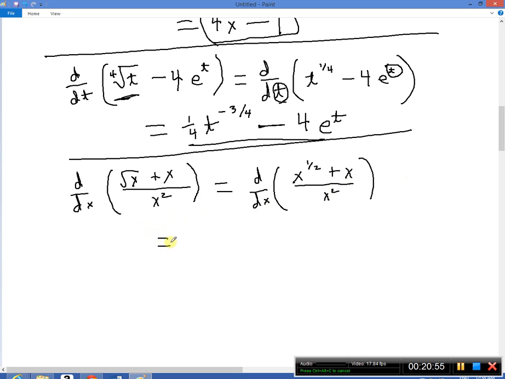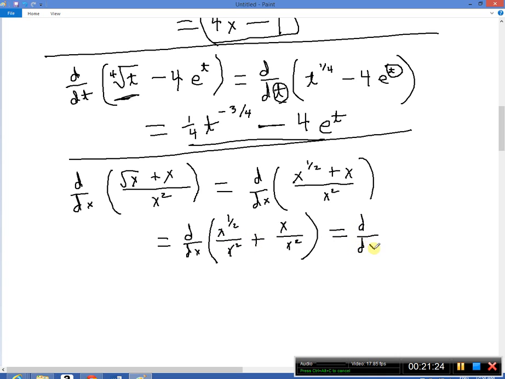So this is the derivative with respect to x of x to the 1/2 over x squared plus x over x squared. So all I did here was split this one fraction into two fractions with the same denominator. That's legal. That's how you add fractions. But now the derivative of a sum is the sum of the derivatives, so I can take the derivative. Oh well, wait, before I do that, let's simplify one more time.